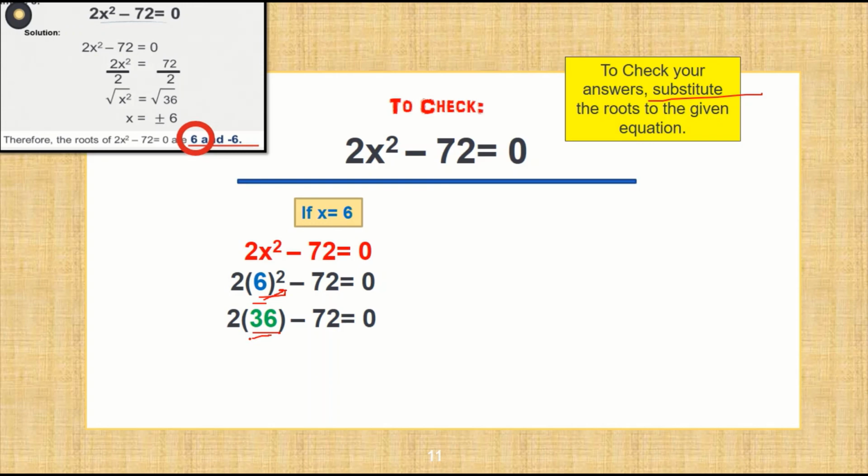And then, that is the time now na multiply mo na siya sa 2. Okay, 2 times 36, that is 72. Minus 72, then it is equal to 0. Okay, so wala tayong ginalaw sa left side ng equation.